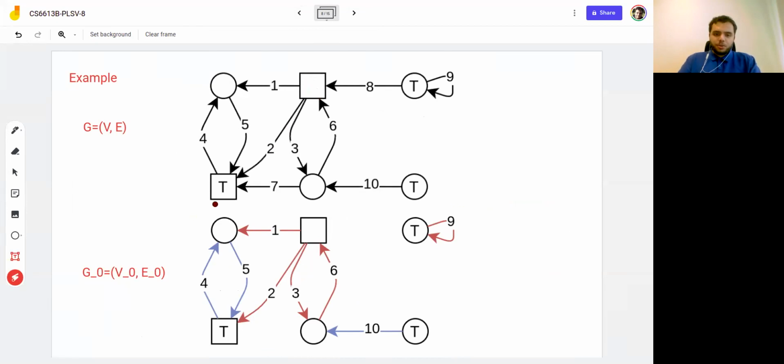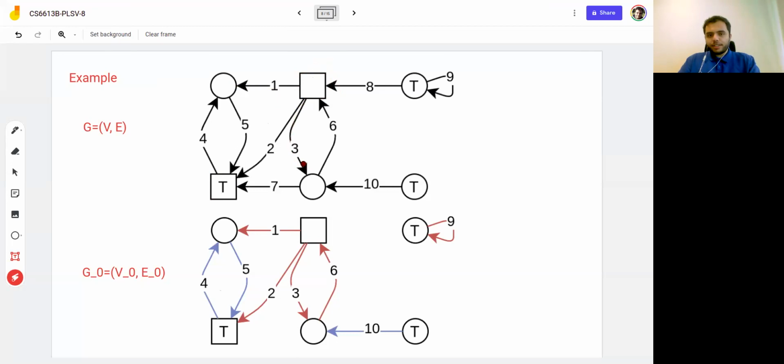So here the player 2 vertices are this one and this one. This is a target vertex, so I don't care about it. I only care about player 2 non-target vertices. So I only care about this one. And all the edges that go out of this get the first numbers. So this is 1, 2, and 3.